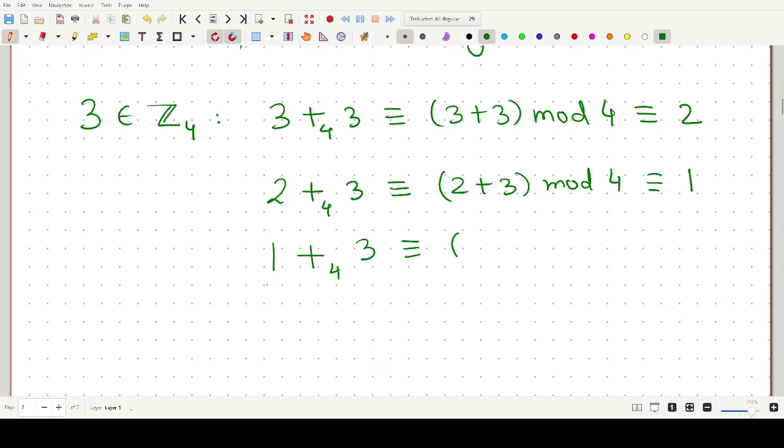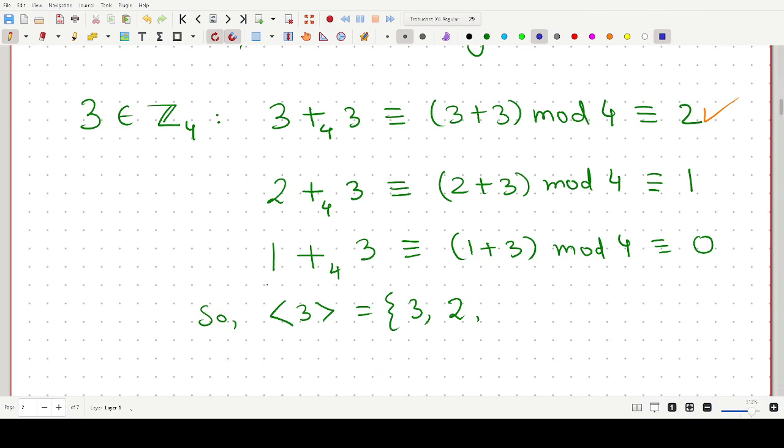So 1 plus 3 modulo 4: 1 plus 3 is 4, and 4 modulo 4 is 0. So what we get here is the group generated by 3 containing 3 itself, we get the 2, further we get the 1, and finally we get the 0, right? This is same as Z4. Therefore, 3 is a generator.